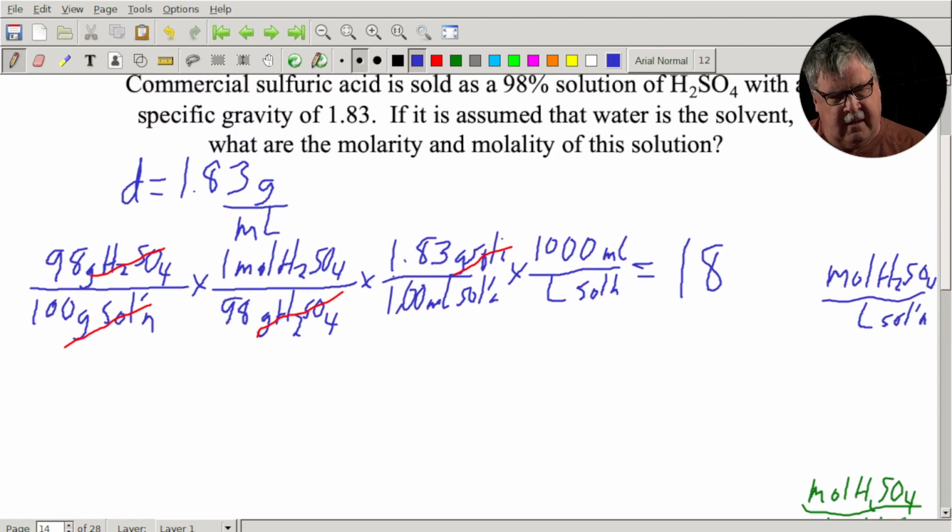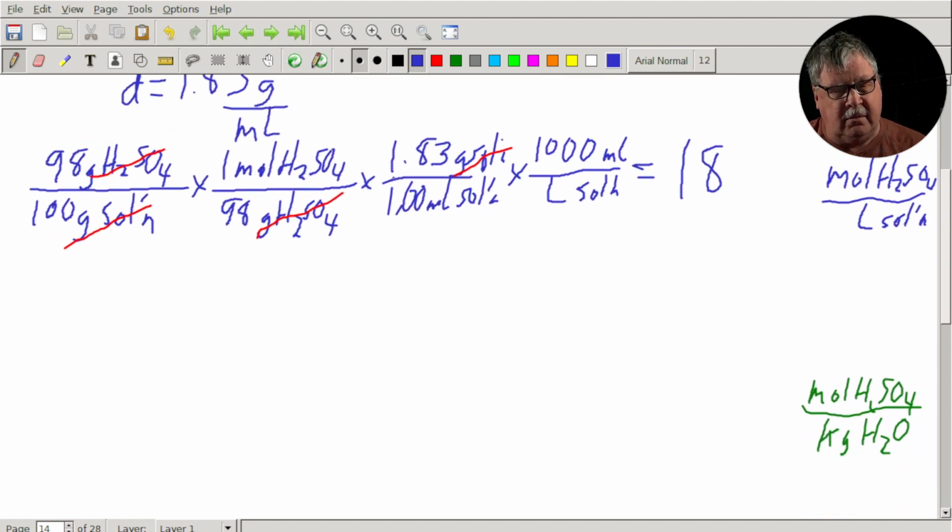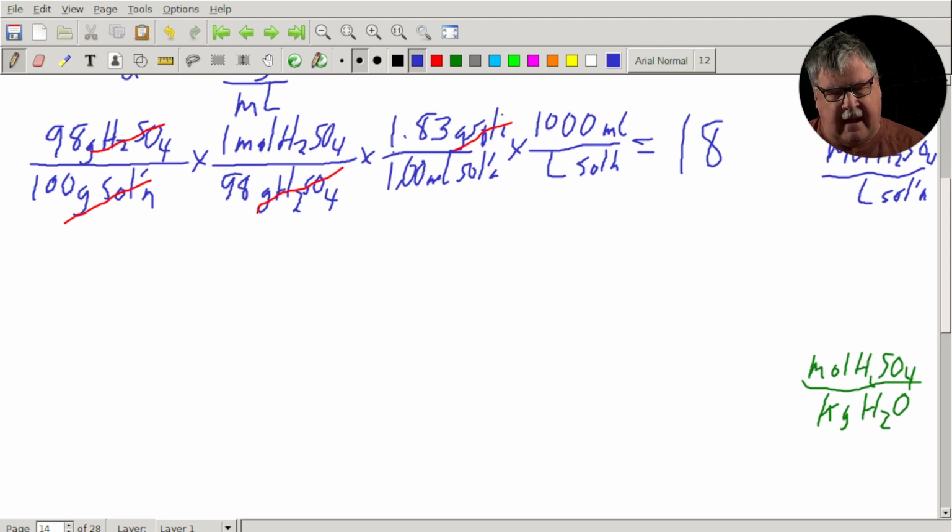Now, the next thing we have to do is figure out what is the molality of this solution. That's a little bit different. Because in the case of the molality, what we want to think about is we have to look at the percentage in a different way. Okay?